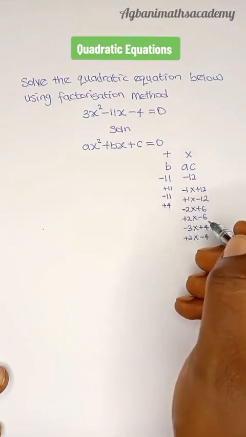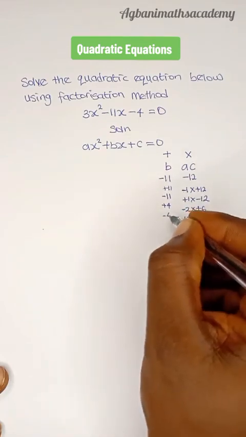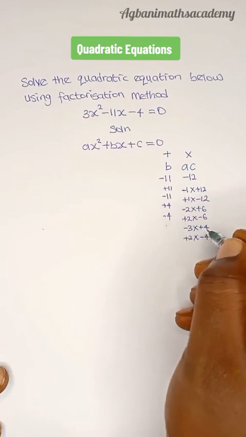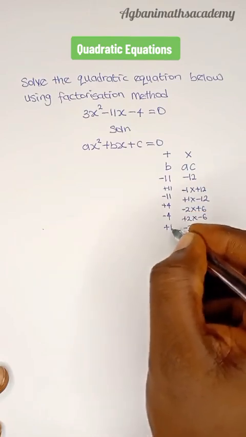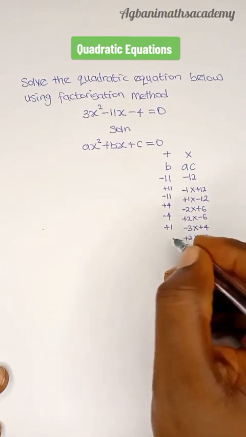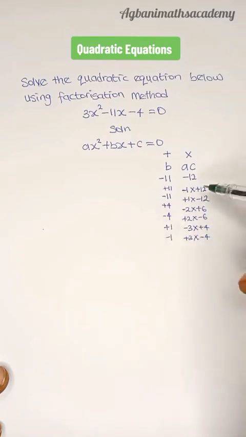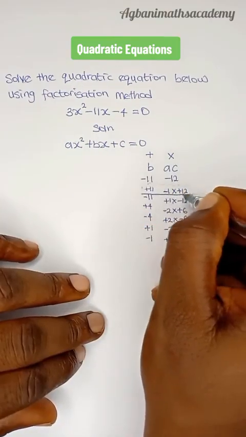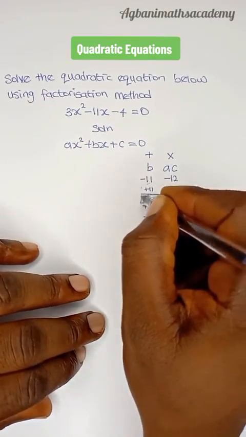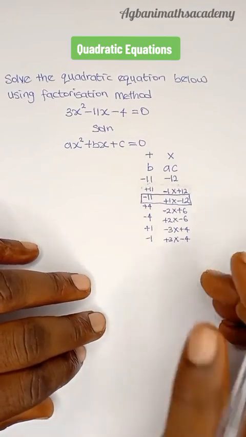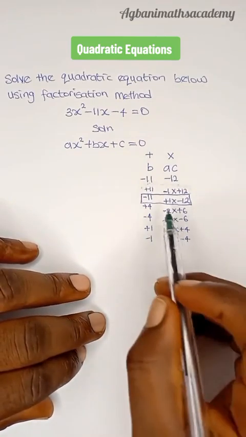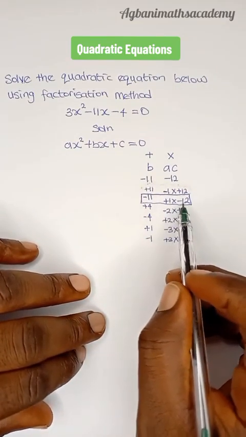Plus 2 minus 6 will give us minus 4. Minus 3 plus 4 will give us plus 1. And plus 3 minus 4 will give us minus 1. So all these numbers will multiply themselves to give us minus 12, but only this will add themselves to give us minus 11. So the combination we are looking for here is plus 1 and minus 12.